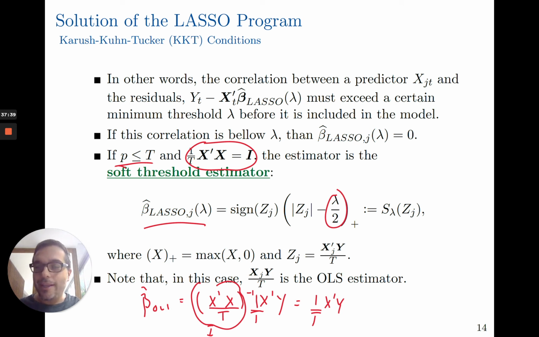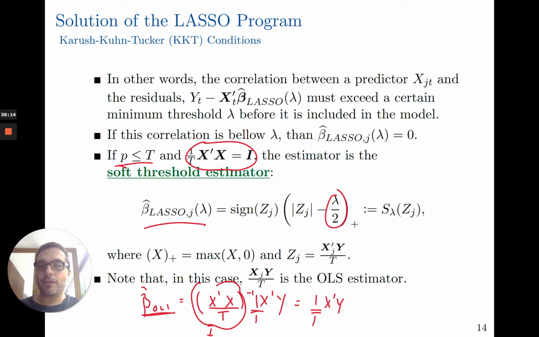But this only happens because we are dealing with p less or equal than t, so beta OLS is well defined, and because we are working with a very specific set of variables. We're basically saying that these variables are uncorrelated and have a bounded variance. It's a very specific variance here, unit variance.